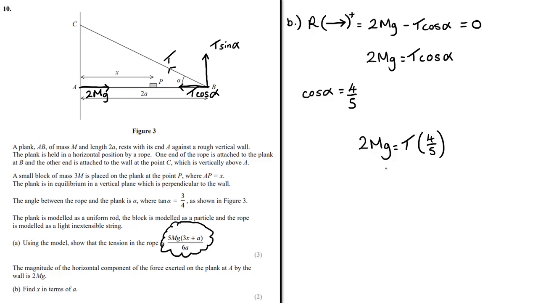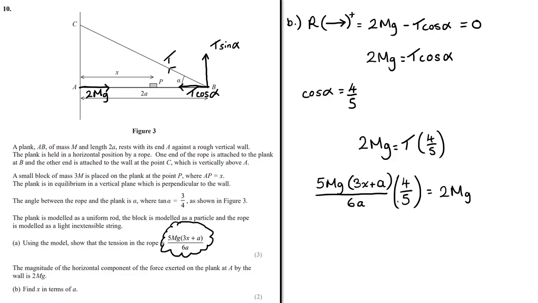So I'm going to get 5mg times (3x plus a) all over 6a, times 4/5, and that's equal to 2mg.